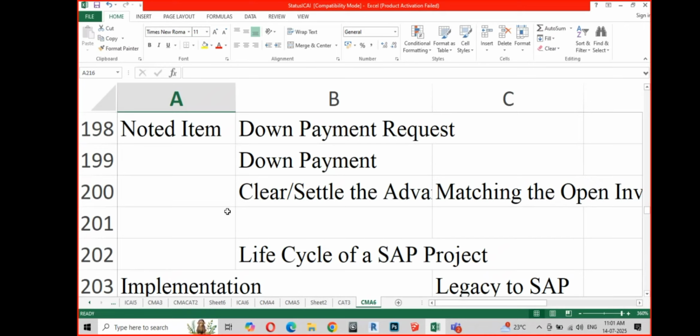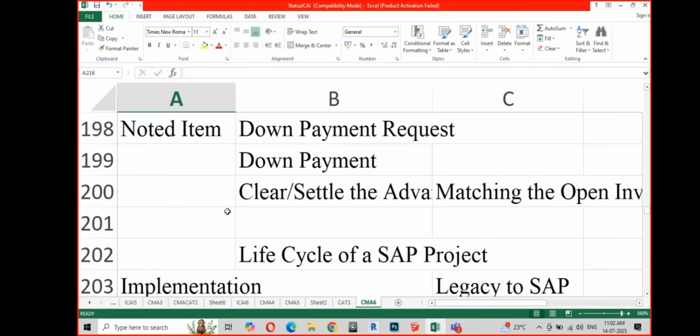Similarly, SAP also follows certain sequentially arranged steps which have to happen necessarily in the same order, so that the final implementation is successful. Clear? I'll come back to this later.